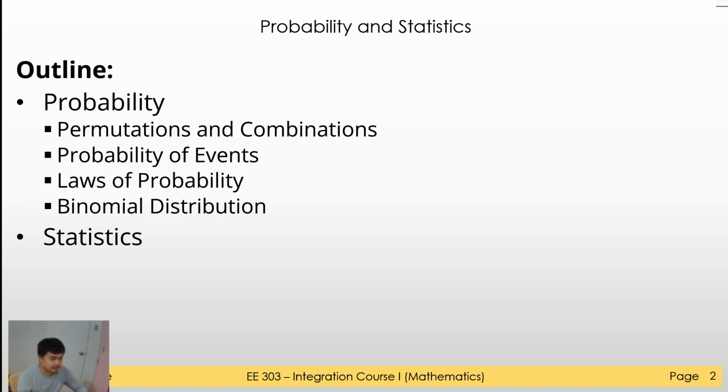We have the counting techniques for probability, so the permutations and the combinations, and then the probability of events, so the laws of probability and the binomial distribution. For statistics, we only have the basic measures of statistics, which are descriptive statistics and also Venn diagrams. We'll also discuss that in this video.